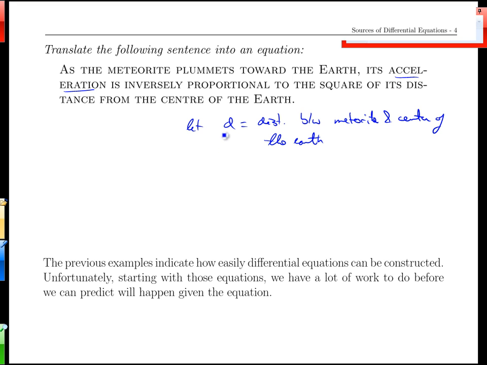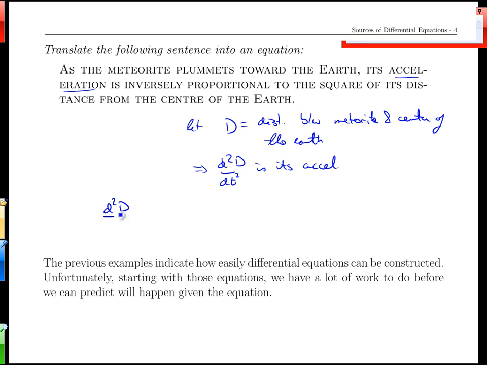And if that's the case, its acceleration will be the second, let's actually use that as a capital D so we don't get confused with our derivative d's. So its acceleration is going to be the second derivative of that distance.